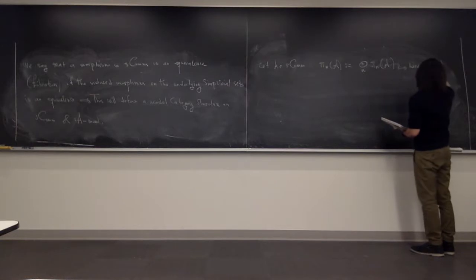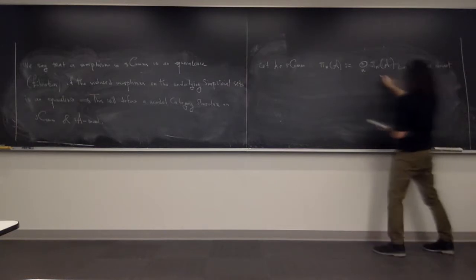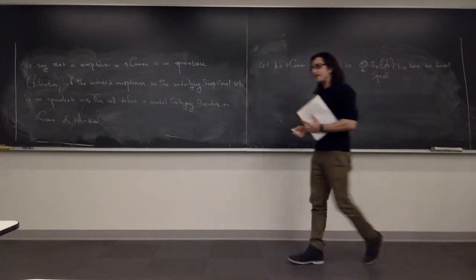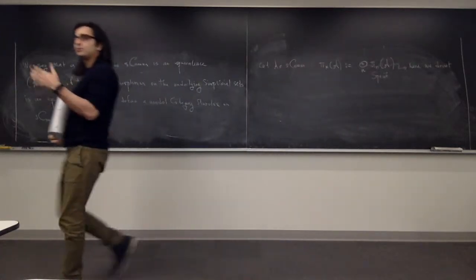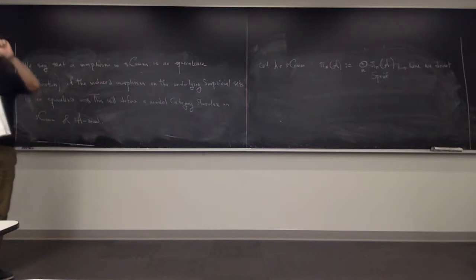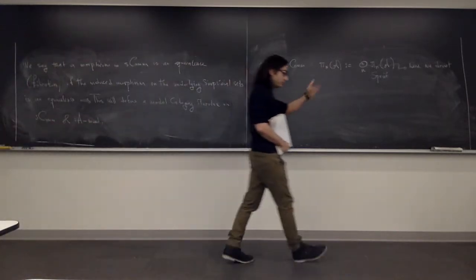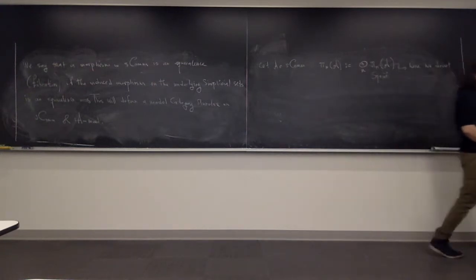Here we do not specify a base point. If you remember, when I had some simplicial set or simplicial object over a category, we defined pi 0 of it, of course, but for pi 1, pi 2, and higher homotopy groups, we needed a base point.